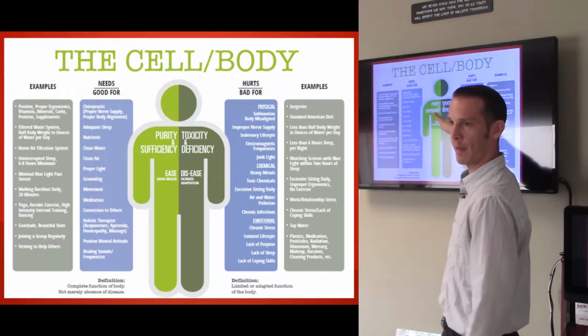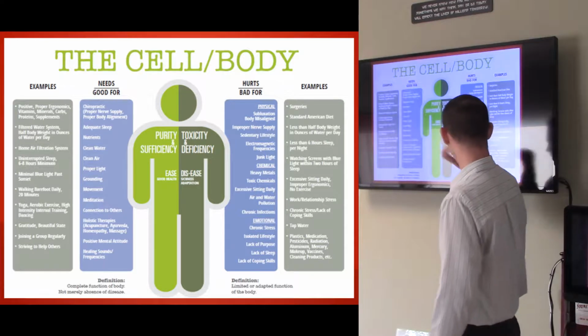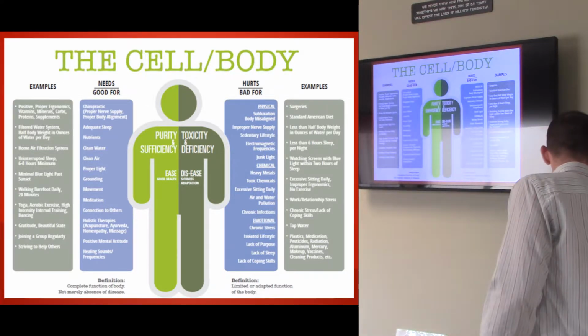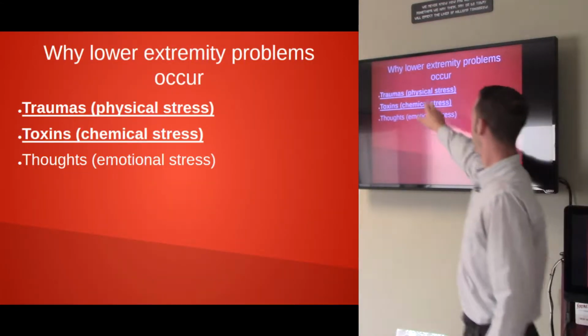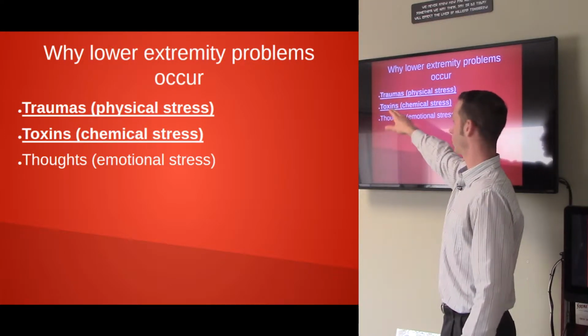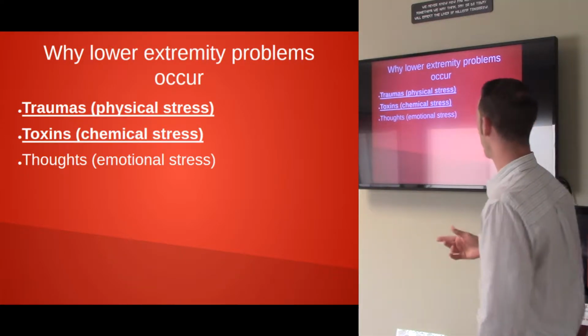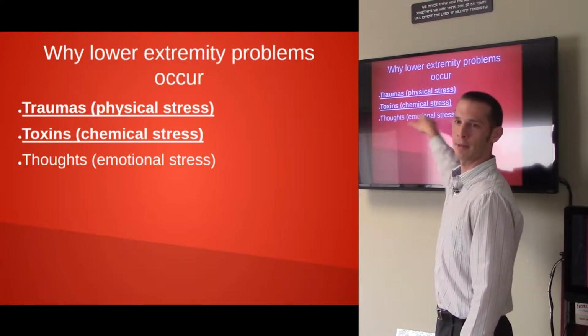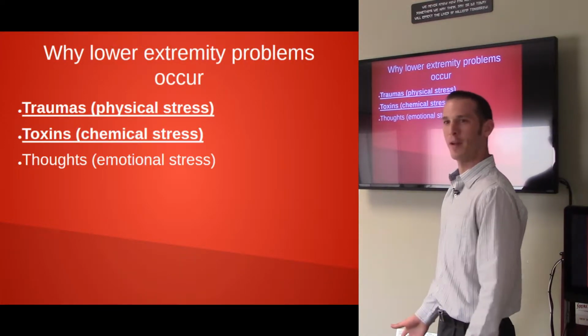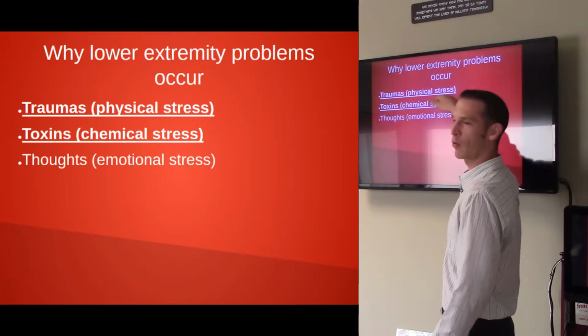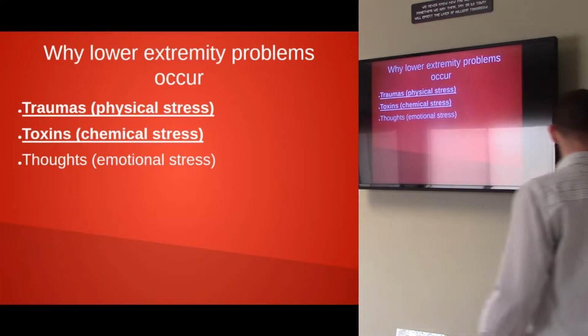We're not going to be talking about the emotional ones tonight, but they could affect it. We're going to focus on the primary ones that affect the lower extremities tonight, okay?